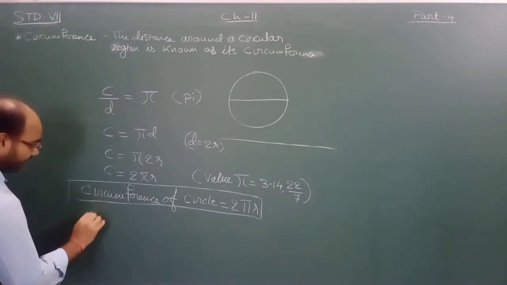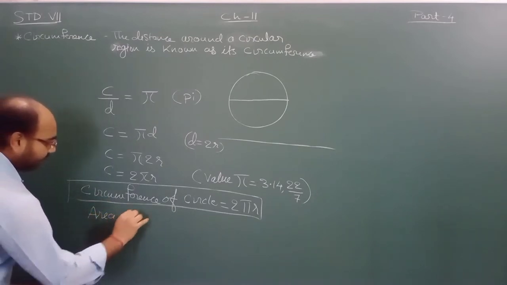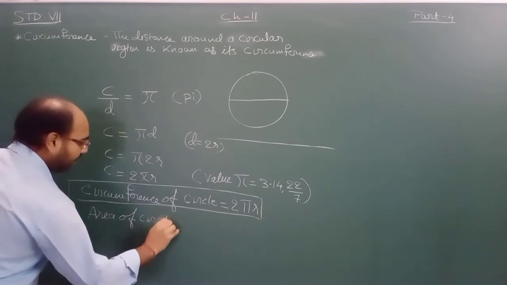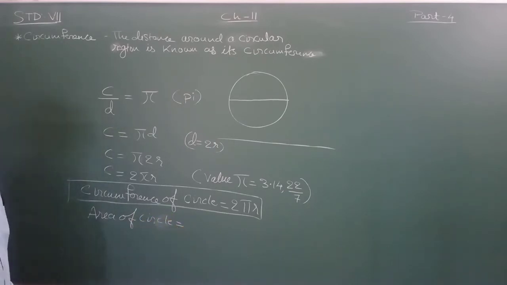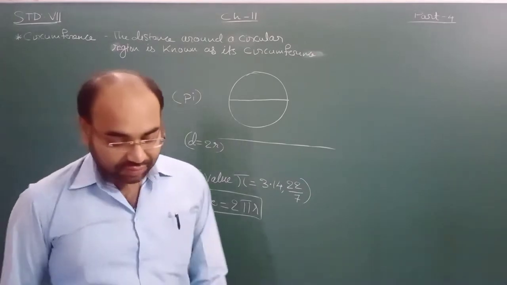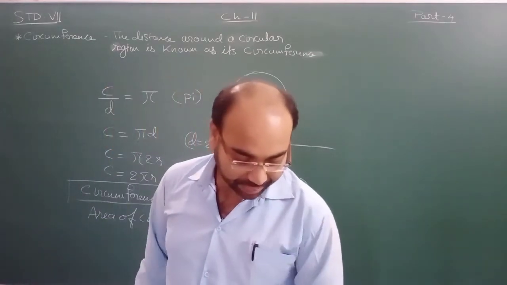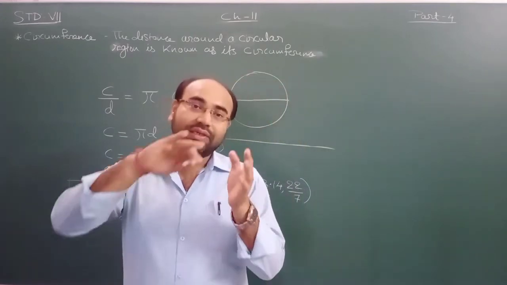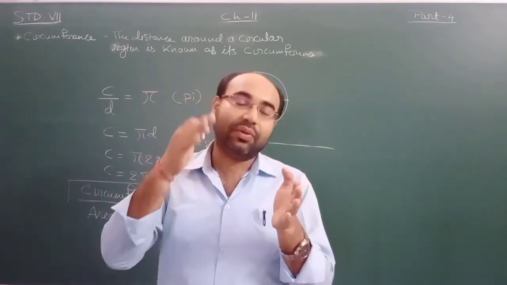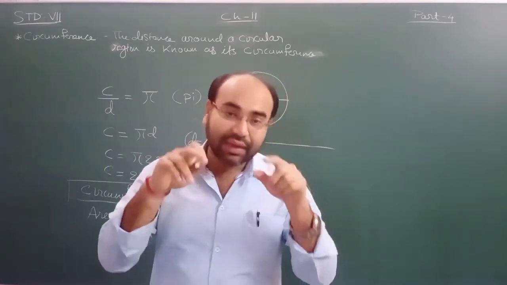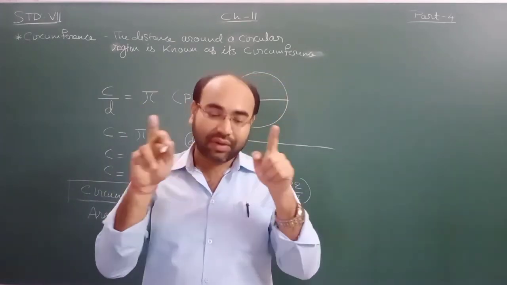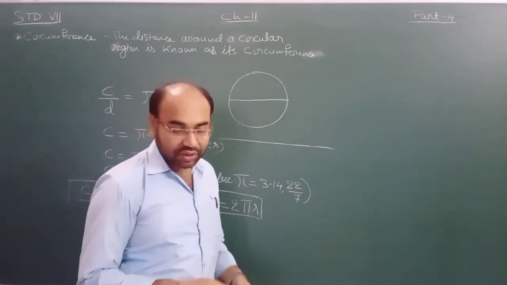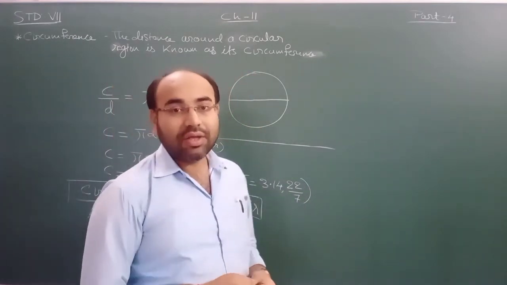Same way, when we want to find the area of a circle, you can see on your page number 222. A circle is divided into many parts and then formed in the shape of a rectangle, shown on page 222 at the top.